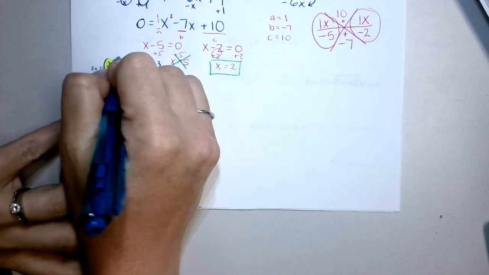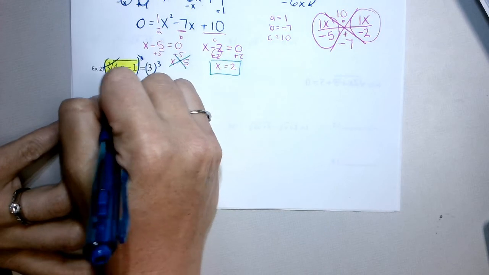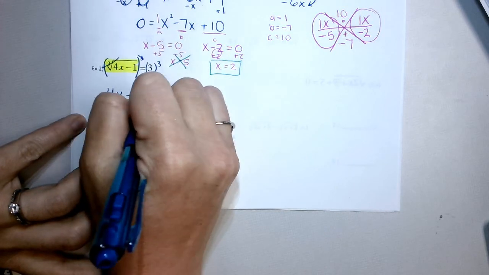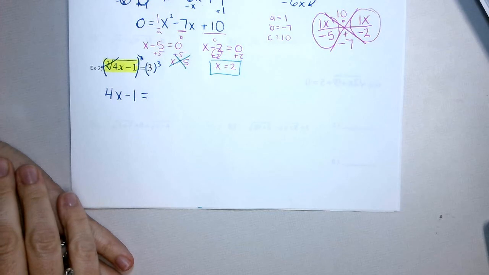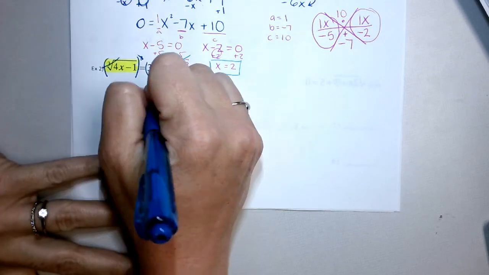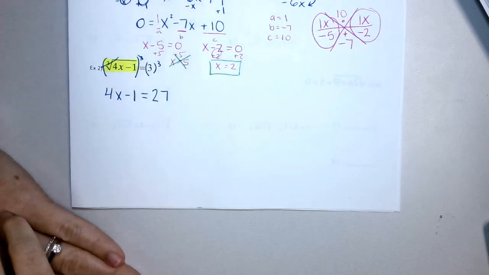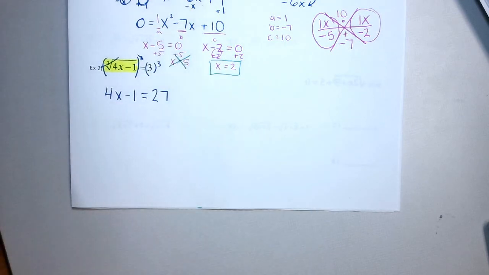So the cube root and the cube cancel, and I'm left with 4x minus 1 equals, what's 3 cubed? Now, is there an x squared? No, so guess what? There's no factoring. All we're going to do is solve for x. How do I solve for x? Subtract 1 and then divide by 4.